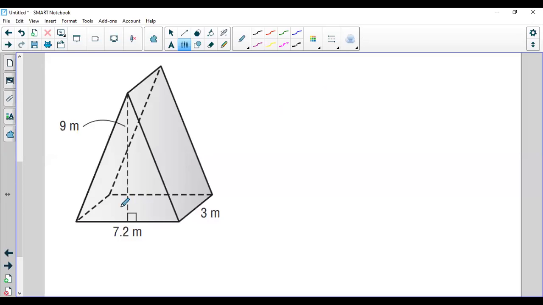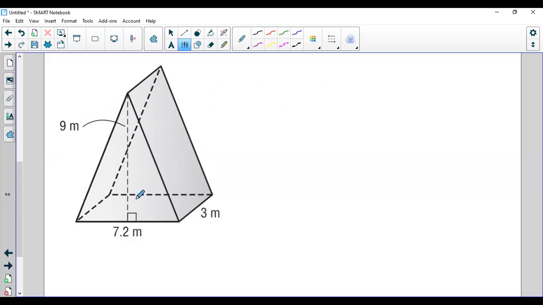last one, triangular prism. Here's my triangle. On the front, that's my first base. The congruent parallel base is the back. The triangle from here, up, down, and across the bottom. So my triangle has a base of 7.2, and my triangle has a height of 9.